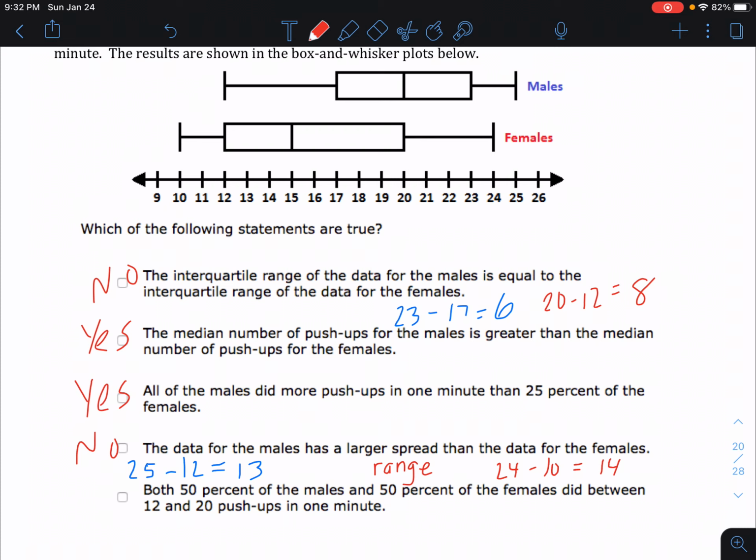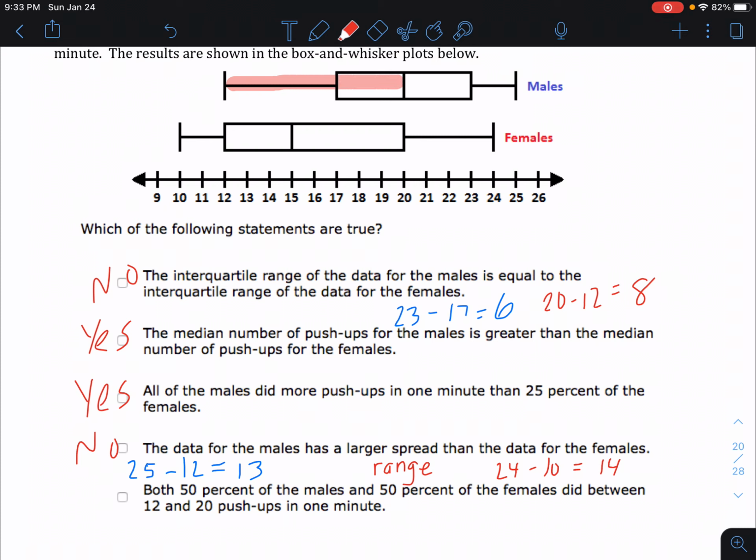All right, and then the fifth one, both 50% of the males and 50% of the females did between 12 and 20 push-ups in 1 minute. I'm going to highlight a little bit to show you again, so it's saying half between 12 and 20. So would that be true for the males? If I'm looking at the males, 12 and 20, that covers a whisker and a box.